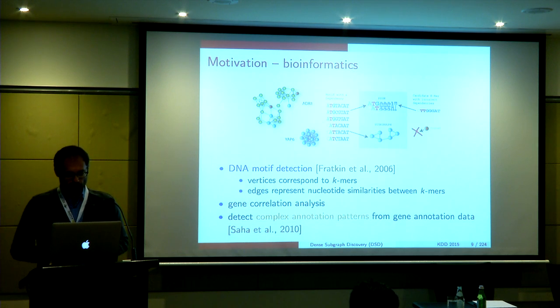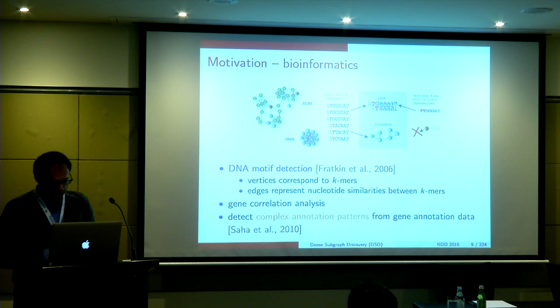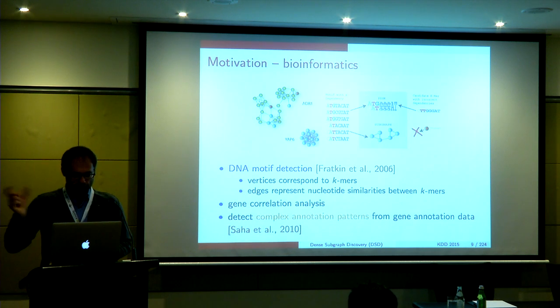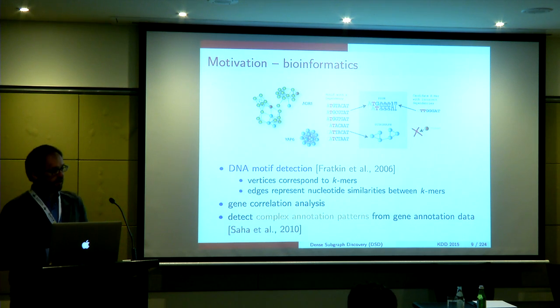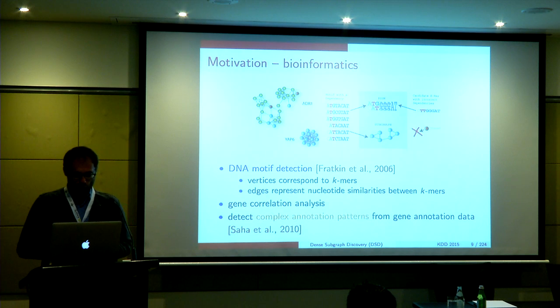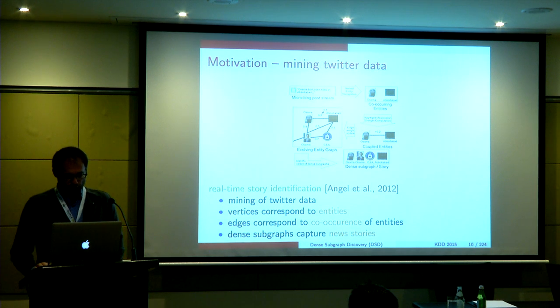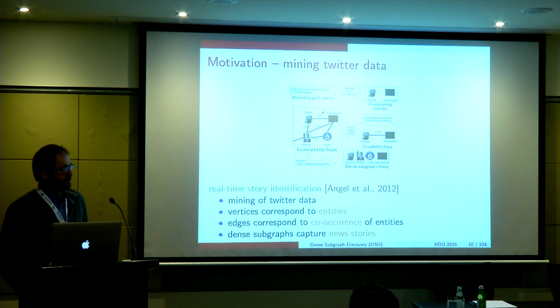So, for example, I could have vertices correspond to k-mers, and the edges represent the similarity between those k-mers, and then I want to find motifs on the DNA, right? Or I could do some gene correlation analysis, like the first example, and discover complex annotation patterns on the gene annotation data.